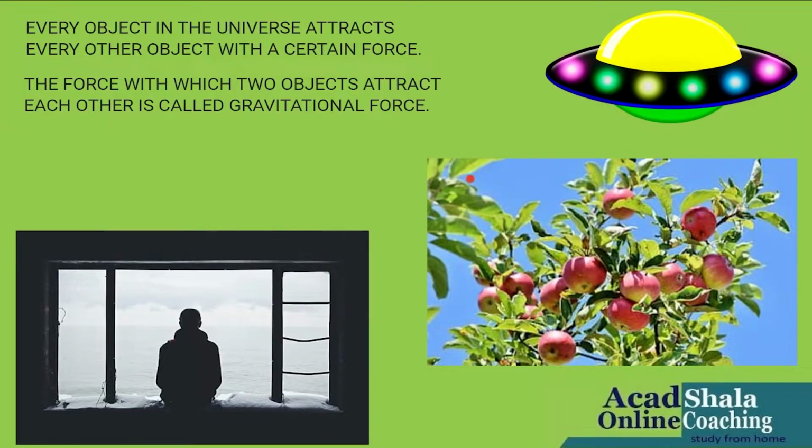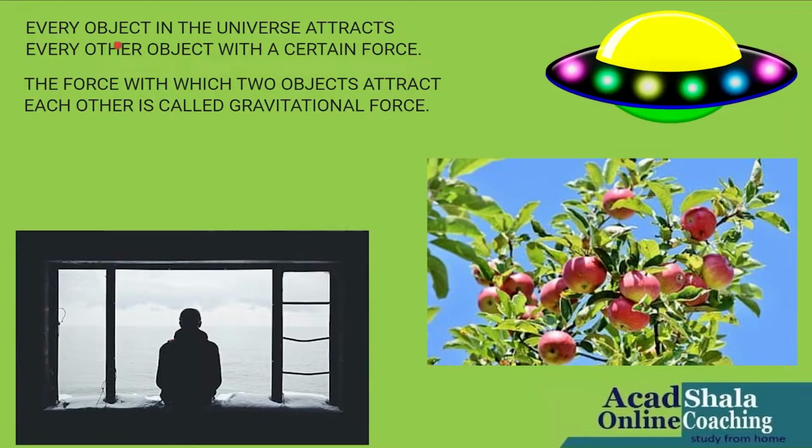So, Newton said that not only does the earth attract an apple and the moon, but all objects in the universe attract each other. This force of attraction between objects is called gravitational force. So all this was coming to the mind of this boy, Newton.